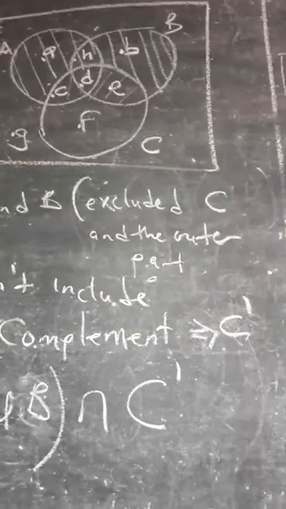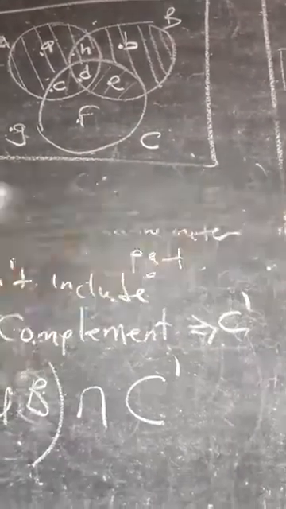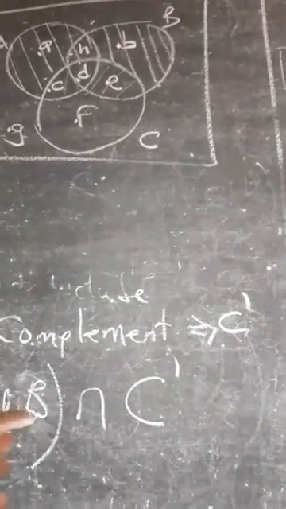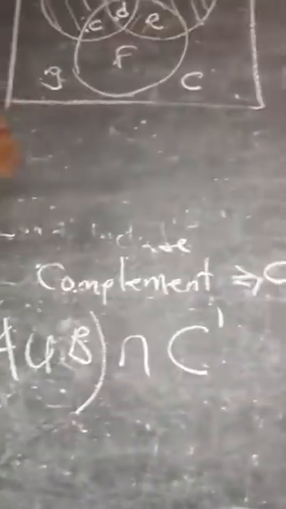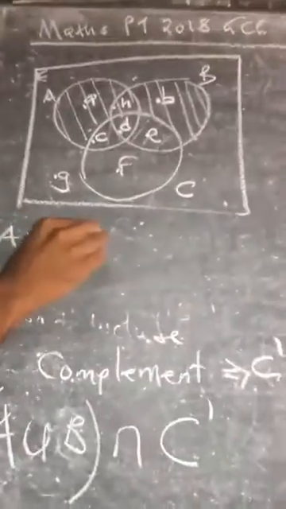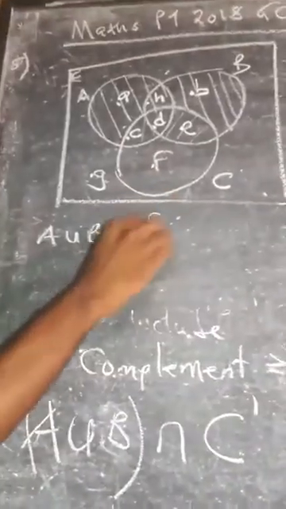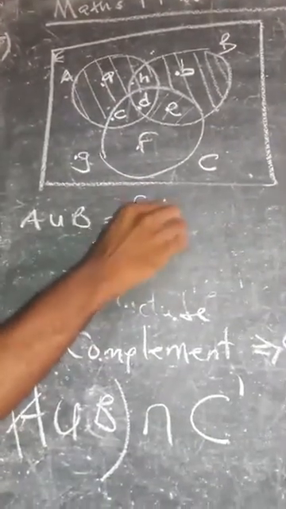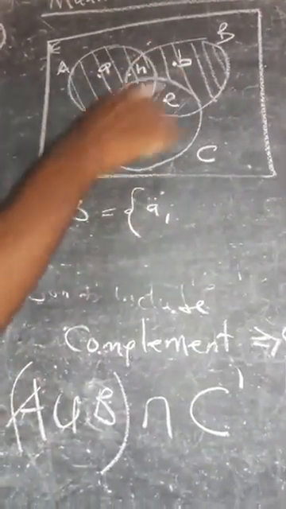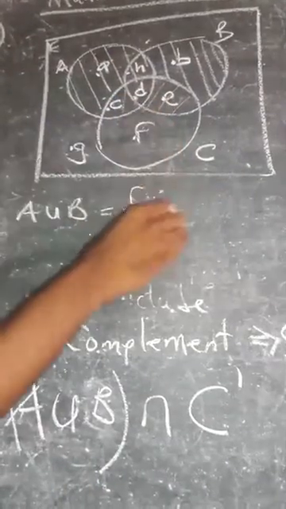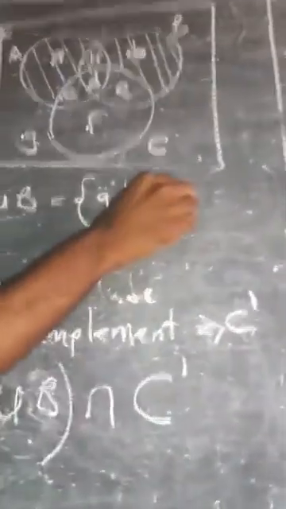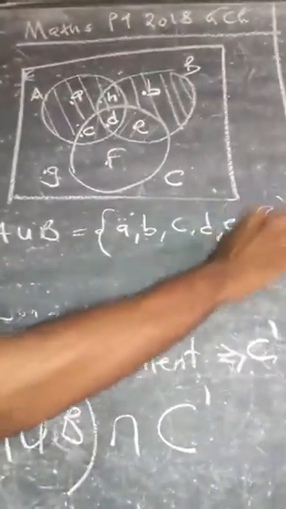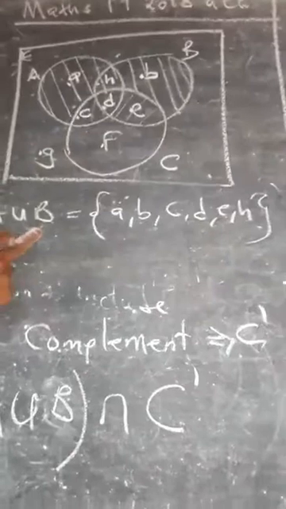Now let's find A union B. So A union B is equal to A, B, C, D, E, H. That is A union B. Like that.